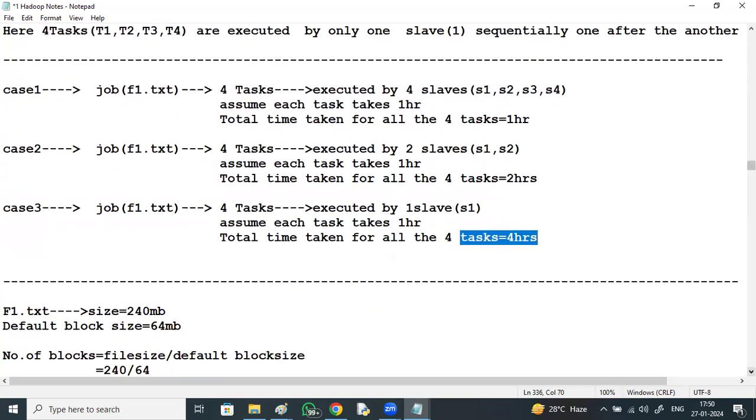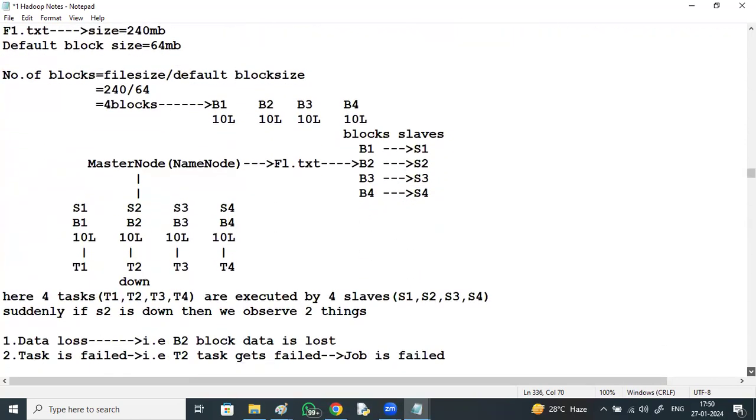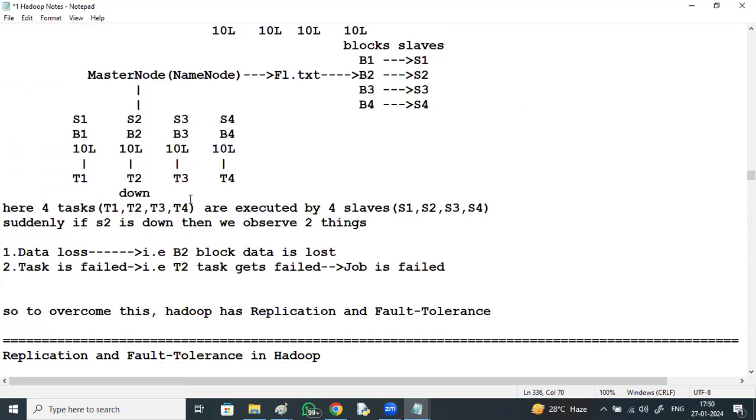Now observe. We have a concept called replication and fault tolerance. 4 tasks are executed by 4 slaves. If S2 suddenly goes down, we observe 2 things: data loss, the B2 block is lost, and the T2 task fails. To overcome this, we have replication and fault tolerance.